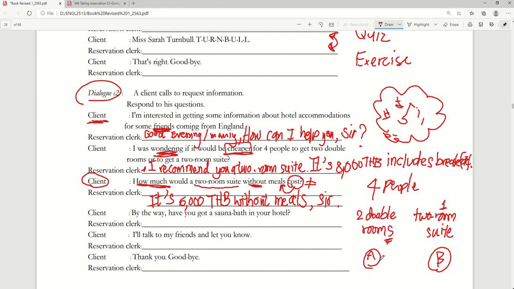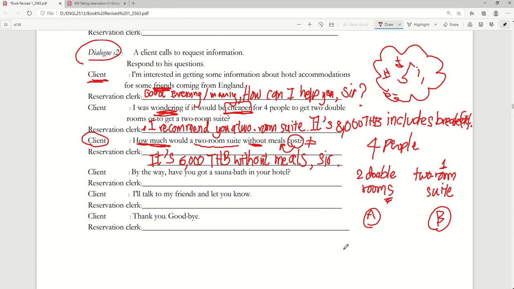Have you got? This is a question. This is yes, no question. Okay. But what should be the answer, yes or no, or both? So you have to look at the next sentence here.